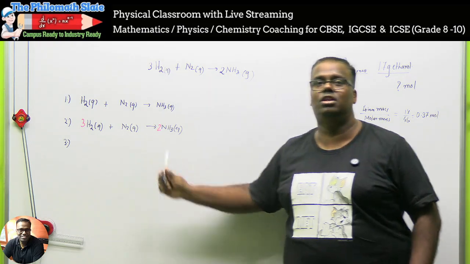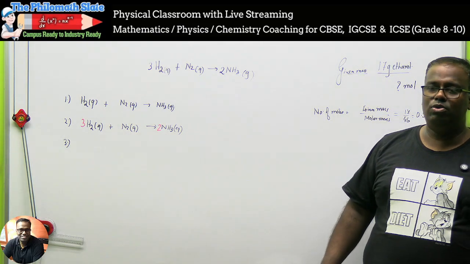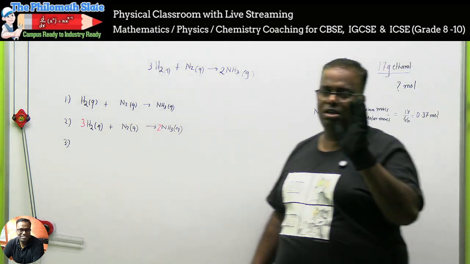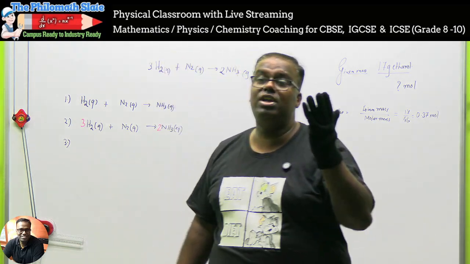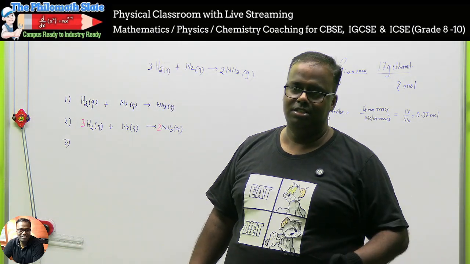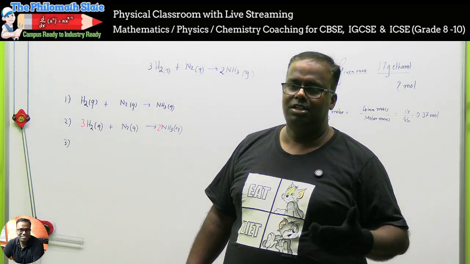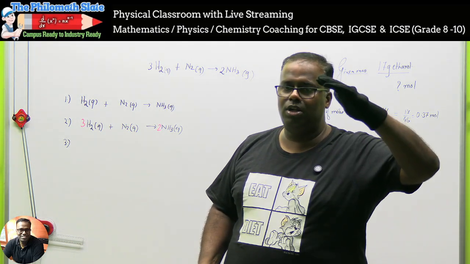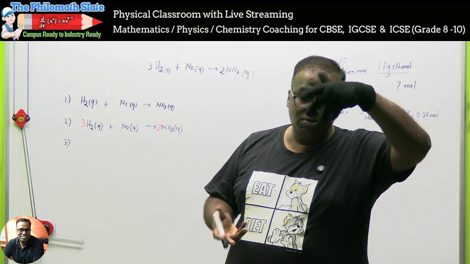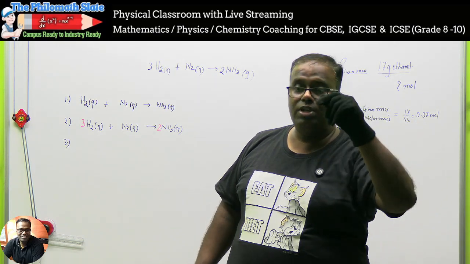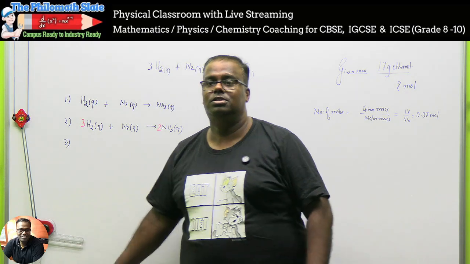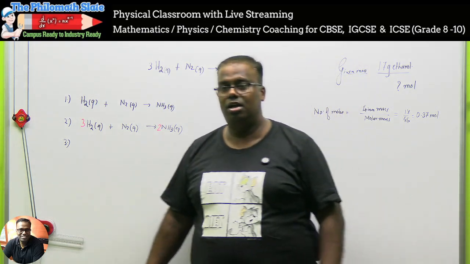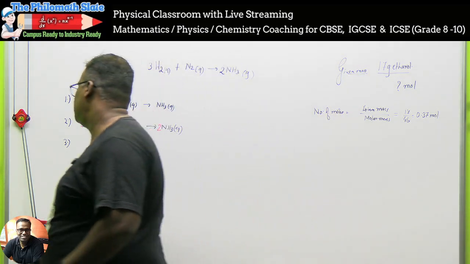This is the equation. Have you seen a Cadbury's Dairy Milk? Have you seen the packet? Behind the packet, what is written? Every 100 gram contains, right? You may buy 1 kilo of chocolate or Horlicks, but what will be written on the backside? Every 100 gram contains. That is the recipe. Tell me the recipe of this. Yes, right.